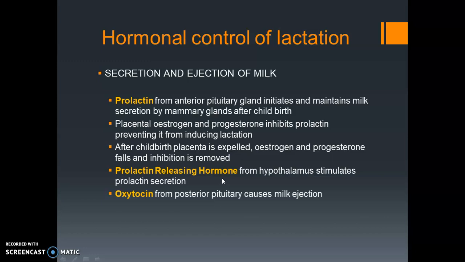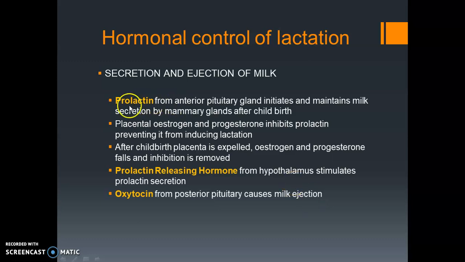Then in addition to prolactin, there is another hormone called oxytocin, which is released from the posterior pituitary gland. This oxytocin causes milk ejection. Milk ejection is the release of milk from the alveoli into the mouth of the child.